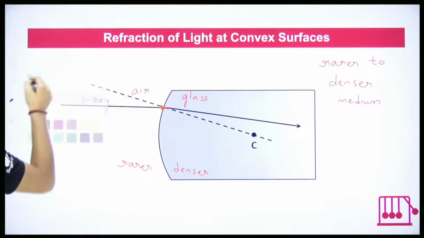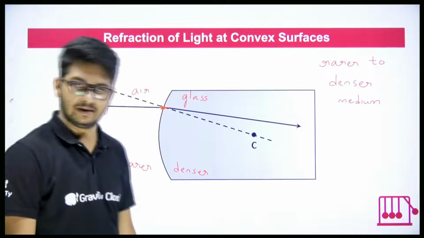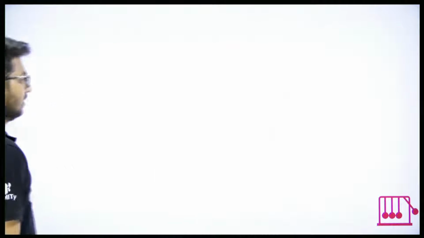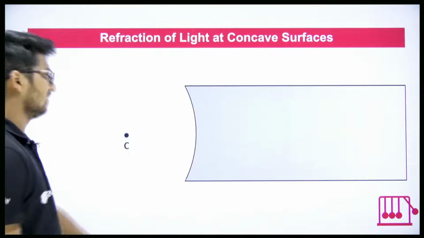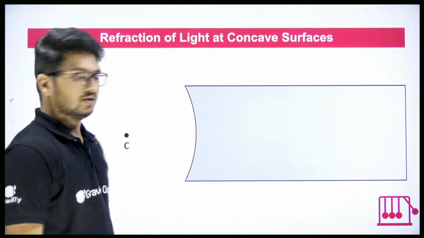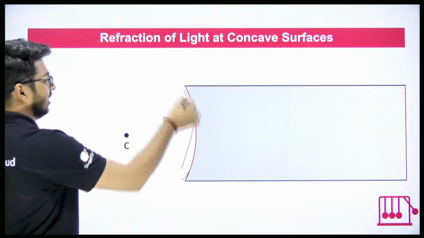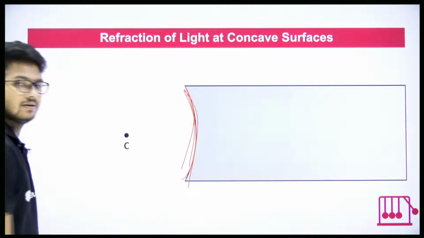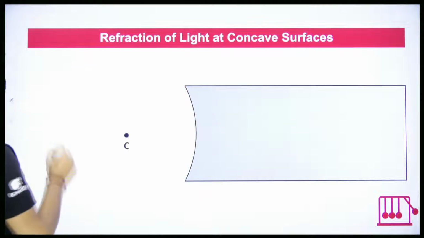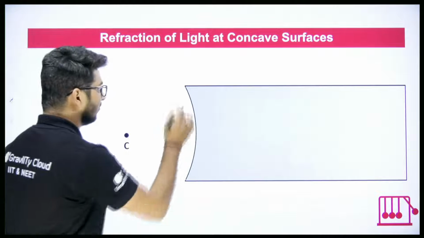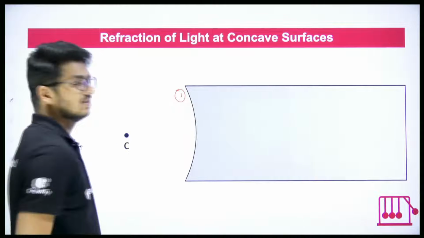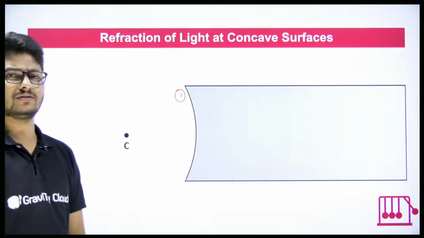Okay. Wonderful. Chalo. Rarer to denser medium. We'll take other examples also. I'll take the other surface. Right. So here this is the surface and you can clearly see that this is the center. Now here this first surface, is it concave or convex?